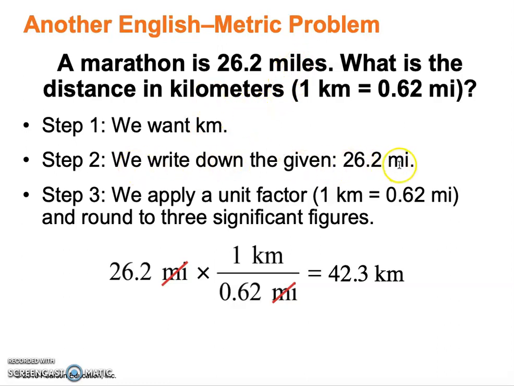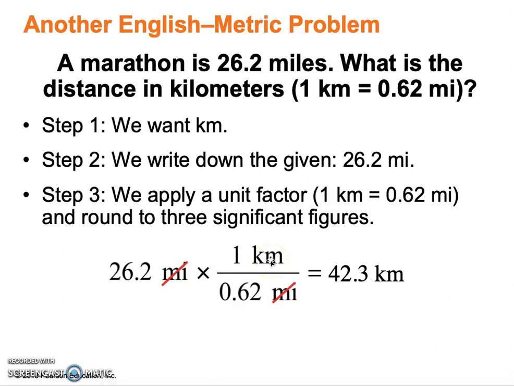Then you write down what is given to you, 26.2 miles. Then you write down the unit the question asks for. And then you find the unit factor. Right here, the question already gave it to you. So you write it in such a way that miles cancel out, giving you the remaining unit, kilometer.